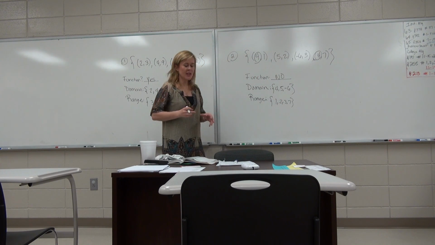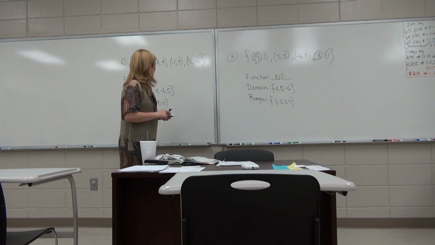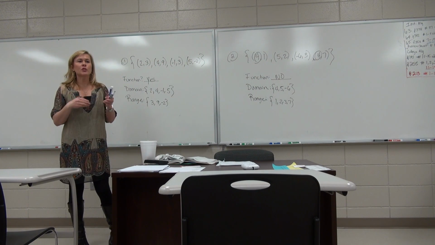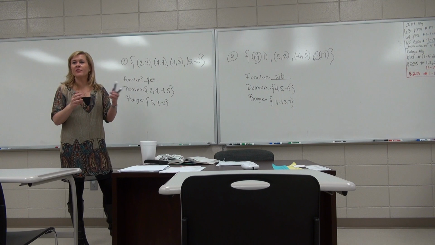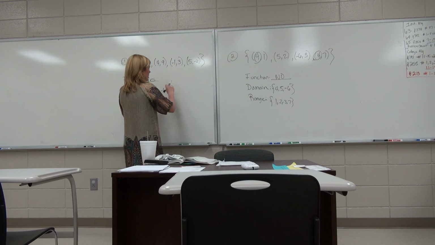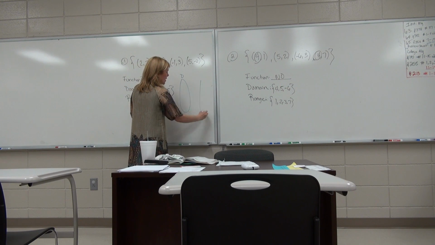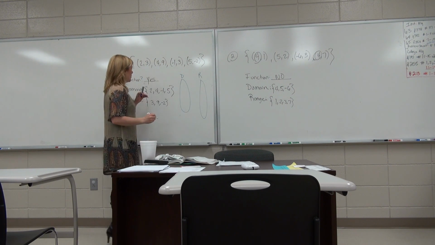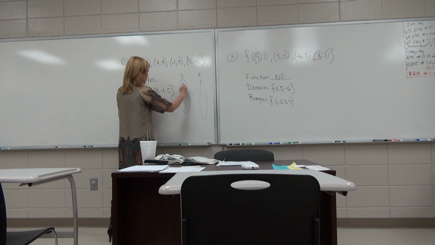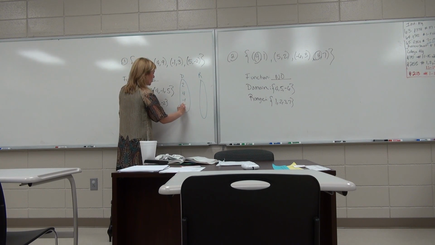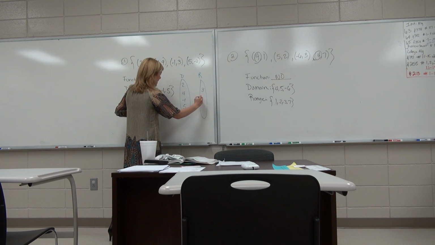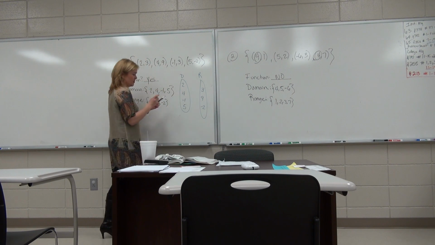Now your book also does this mapping technique, which you're not going to have on your test, but it might help you understand their definition. They draw these bubbles. They put the domain in one bubble and the range in the other bubble. So you would have here 2, 4, negative 1, and 5, and you've got 3, 9, and negative 2.